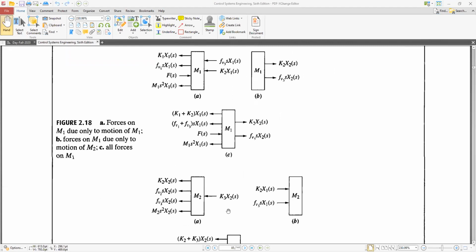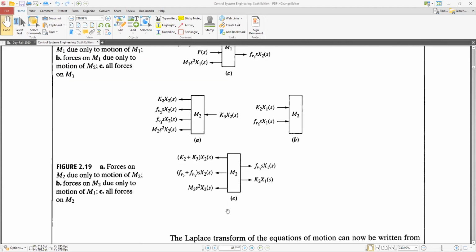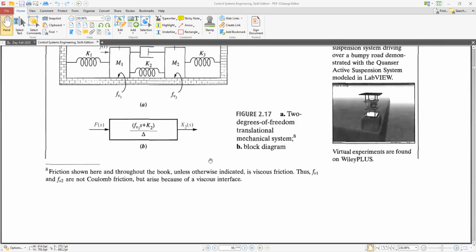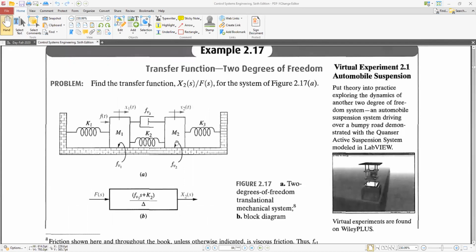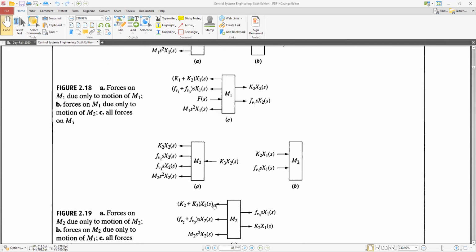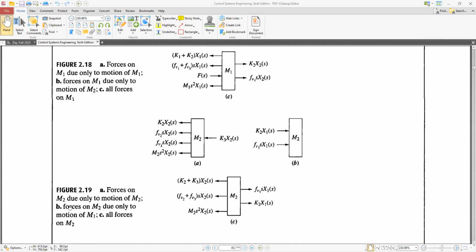Now a similar thing happens for M2. Look at M2. What are its own forces? First look at the own forces, then look at the common forces. Forces on M2 due only to motion of M2: K2 X2, FV2 s X2, FV3 s X2, M2 s squared X2(s), and K3 X2(s).